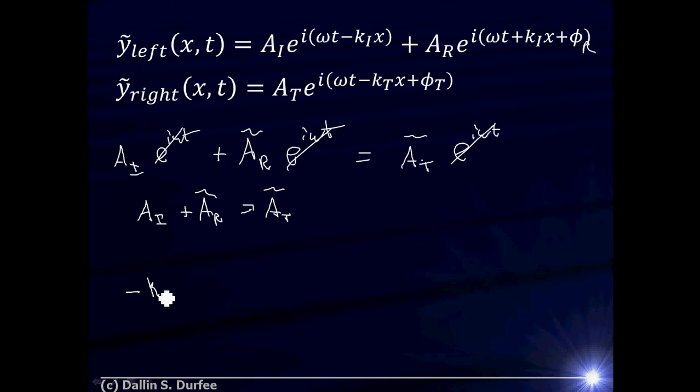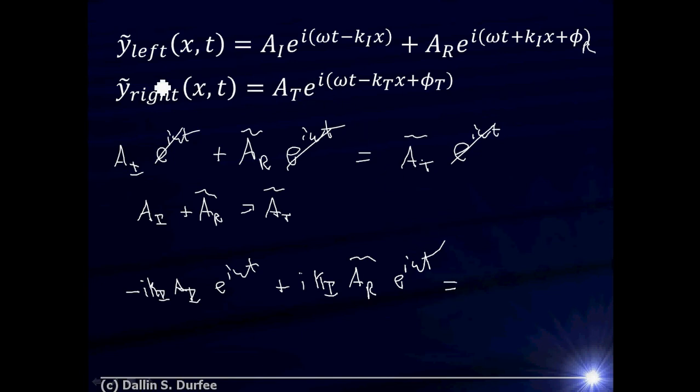So minus i k_i a_i, times this thing evaluated at x equals 0, which is just e^(i omega t), plus, and here when I take the derivative with respect to x, my exponential stays the same, but I'm going to pull down an i k_i. So plus i k_incident a_reflected e^(i omega t), the x part goes to 0, and I'm going to absorb my phi into my complex amplitude, right?